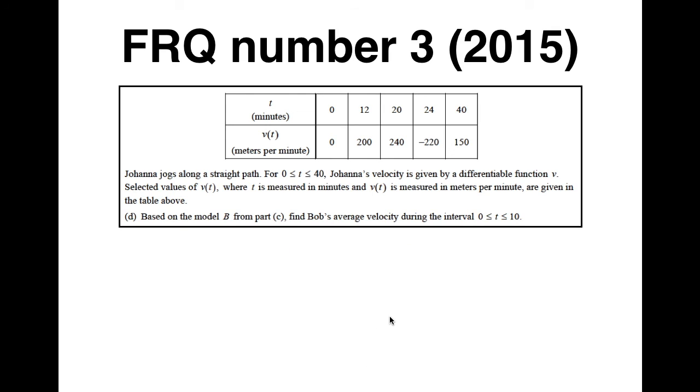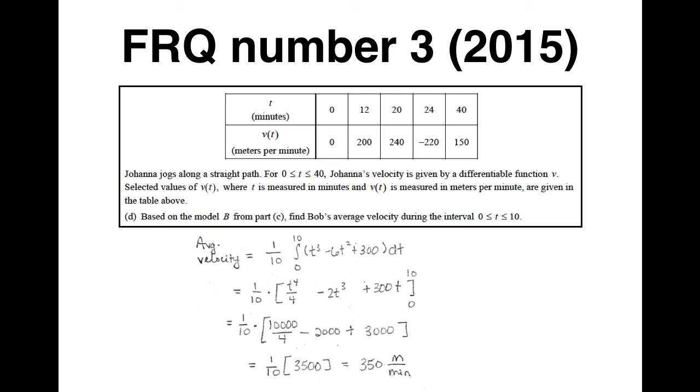Finally, question D. Based on the model B from the previous part, find Bob's average velocity during the time interval from 0 to 10 minutes. The average velocity is 1 over b minus a, which is the length of the interval.